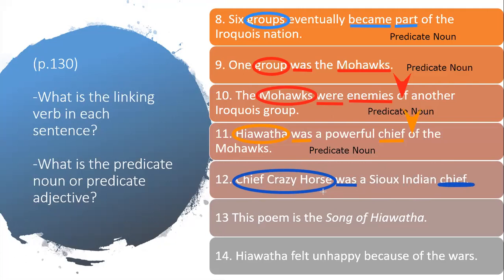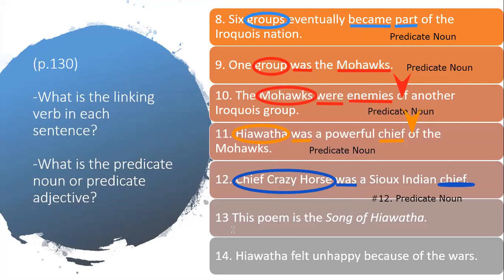A chief. Or you could say Chief Crazy Horse equals a chief. Does that make sense? Yes, it does as well. So because it renames, I'm going to add it here and lower it just a little bit, and I'll identify this one as number 12 so that you know that this answer goes with number 12. This is a predicate noun. Let me extend this just a little bit so that it fits right there.